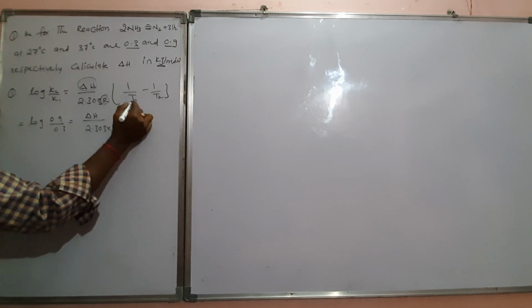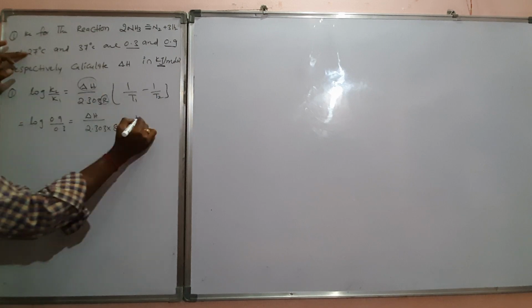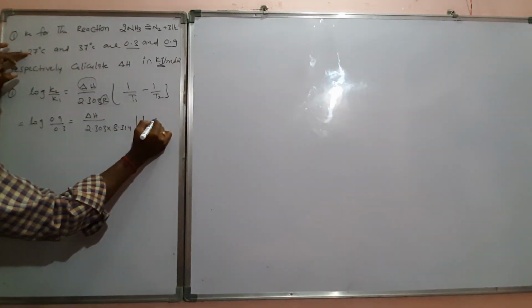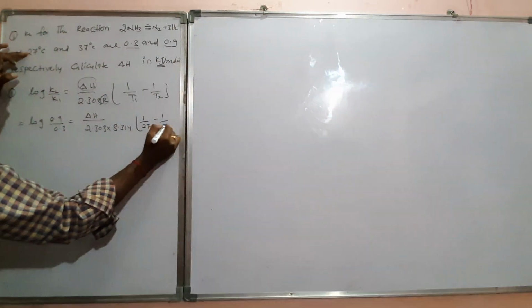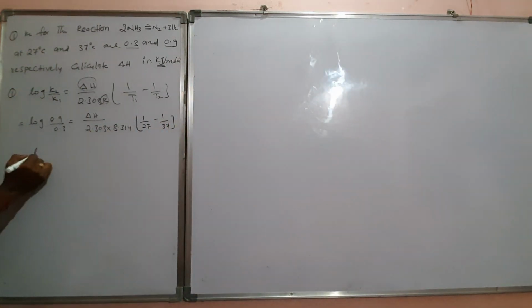R is 8.314, and then 1 by T1 minus 1 by T2. Simplifying, log of 0.9 by 0.3 is log 3.